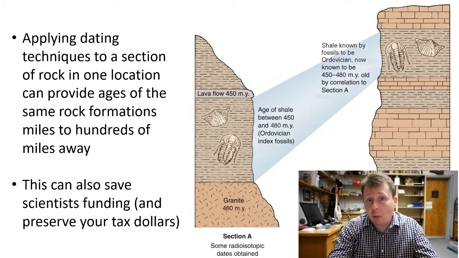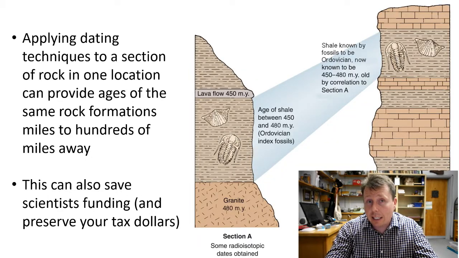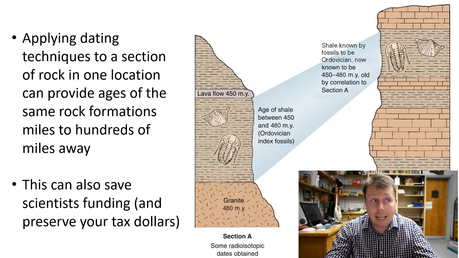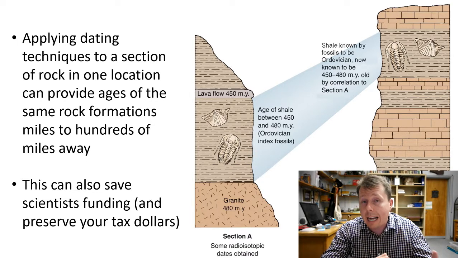Once we are able to get radiometric ages, it gives us a great deal of power because we can see similar or identical rocks in different areas of the Earth's surface, and we can immediately know what their age is.